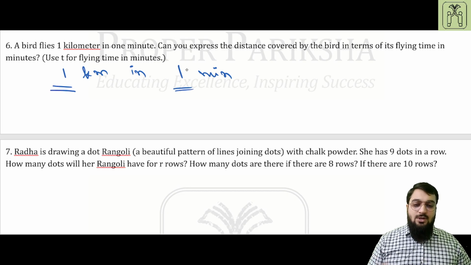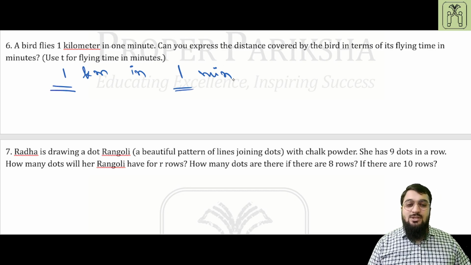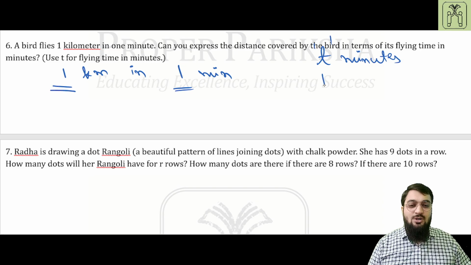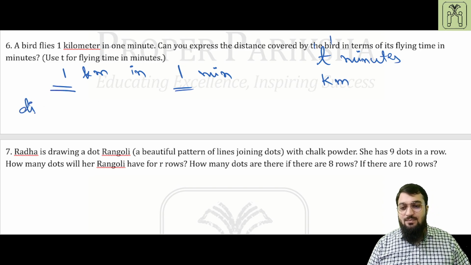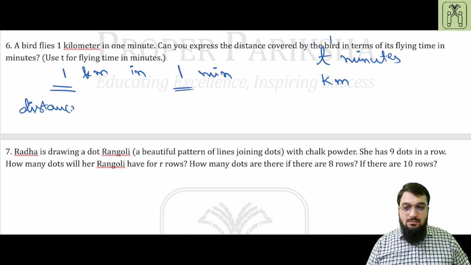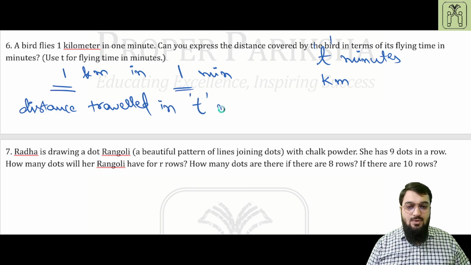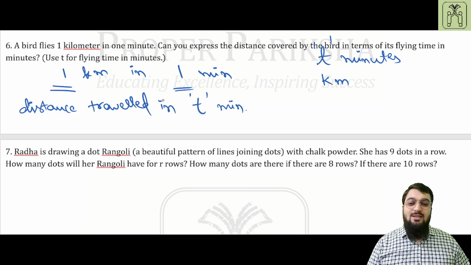Okay, I understand that. So the question is that if the amount of time that the bird flew is t minutes, then can you find out the distance in kilometers it flew? That is asked. So distance traveled in t minutes, how will that be done?